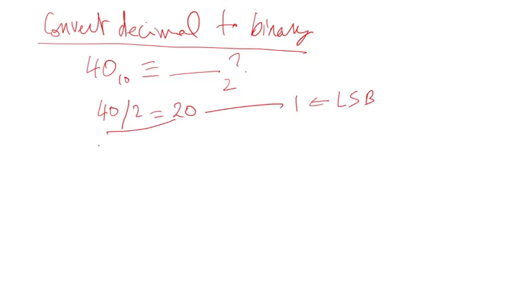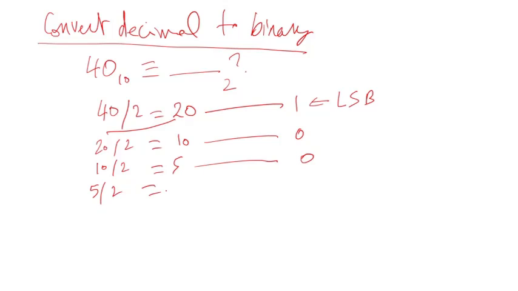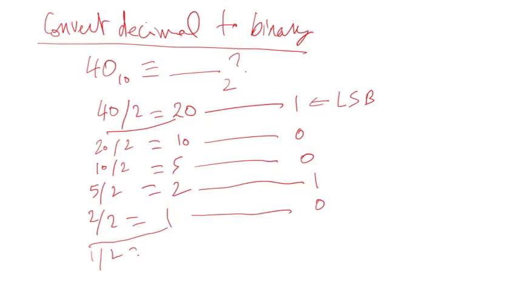Then you take 20 divided by 2 is 10. 10 divided by 2 is 5. The remainder is 0. 5 divided by 2 is 2. The remainder is 1. 2 divided by 2 is 1. The remainder is 0. Then you take this 1 divided by 2 is 0. And the remainder is 1. This is the most significant bit.